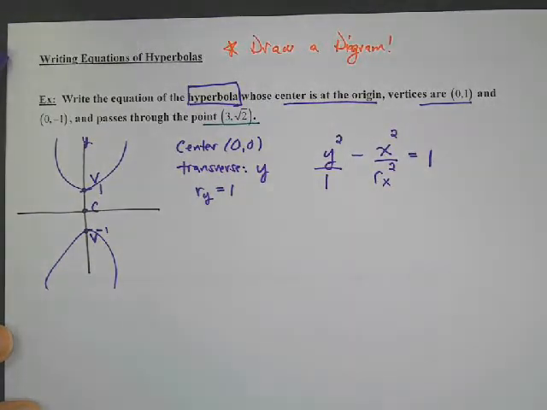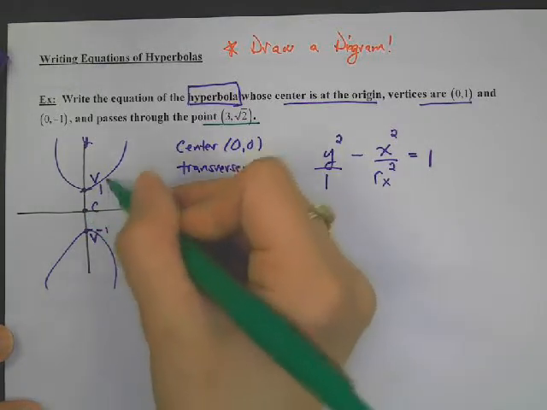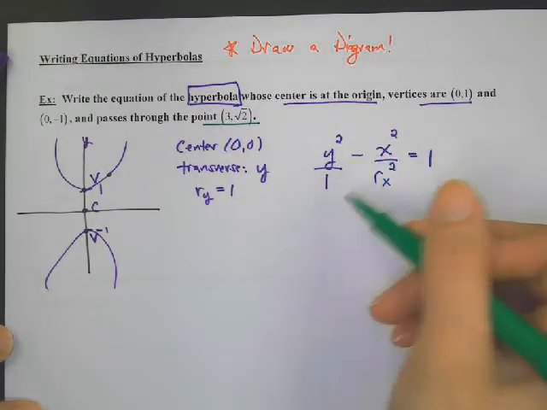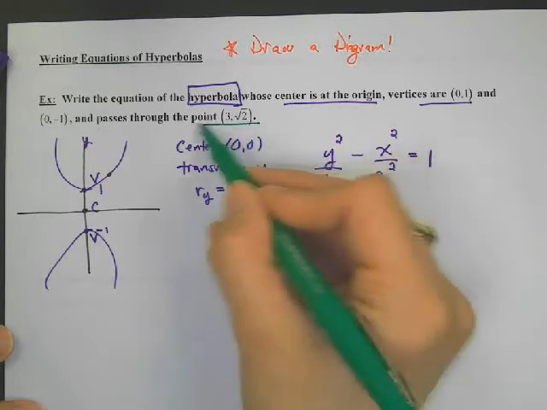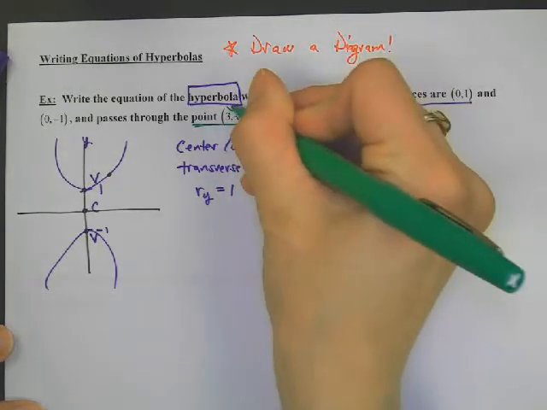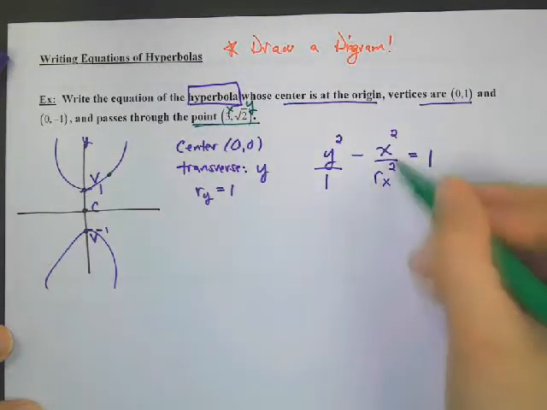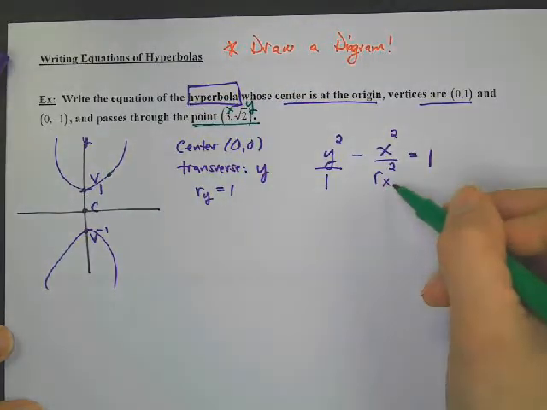Passes through the point, that's weird. 3, radical 2, so I know it's a point here somewhere. But it's not the center, it's not the vertex, it's not a radius. A point means x, comma, y.